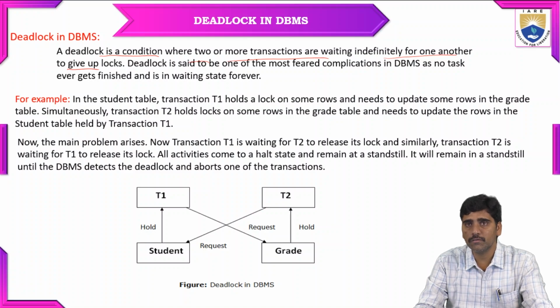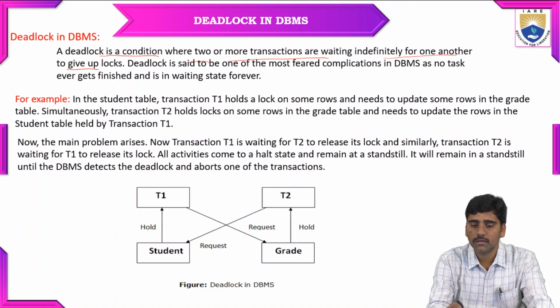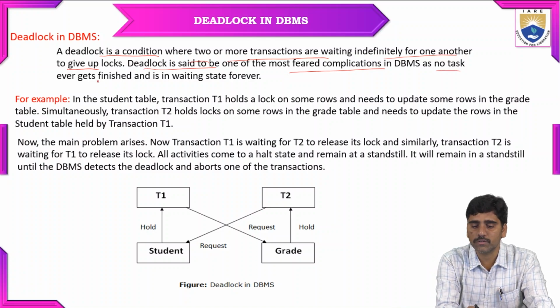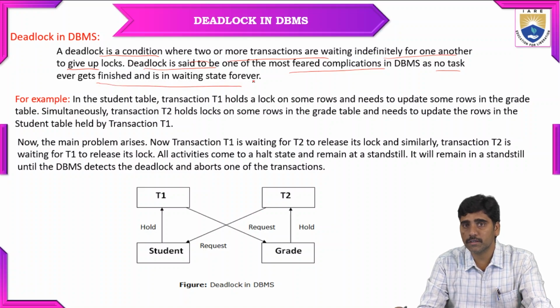If one transaction is not completed, then another transaction is not able to perform. Until the transaction is completed, the second transaction cannot be started. Deadlock is one of the most feared complications in DBMS, as no task ever gets finished and is in waiting state forever.